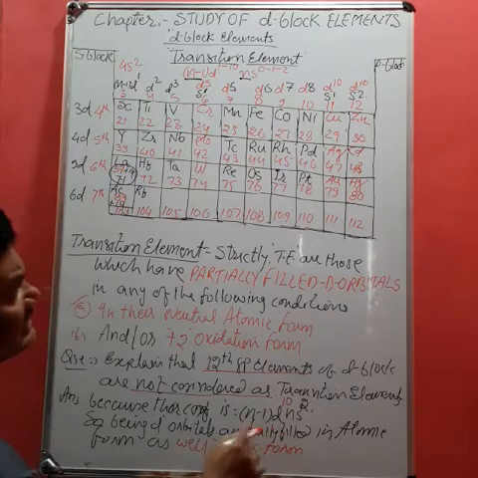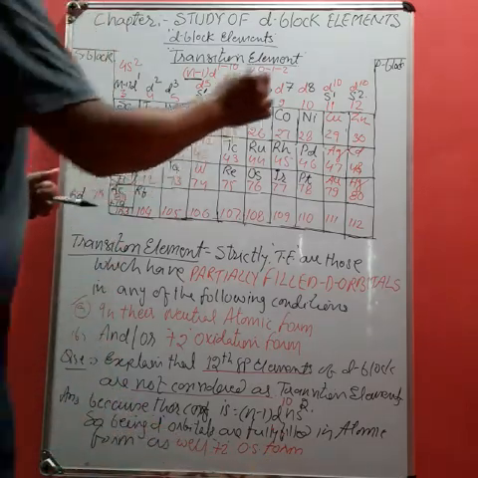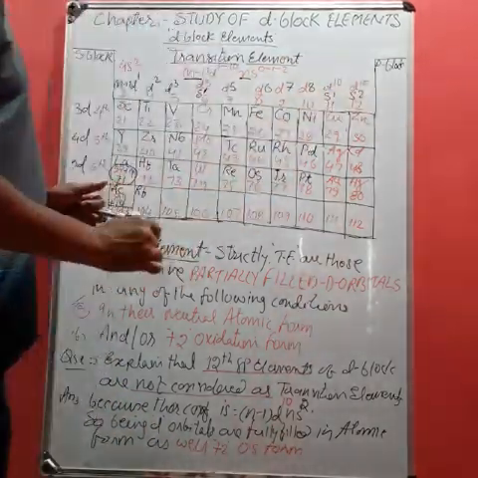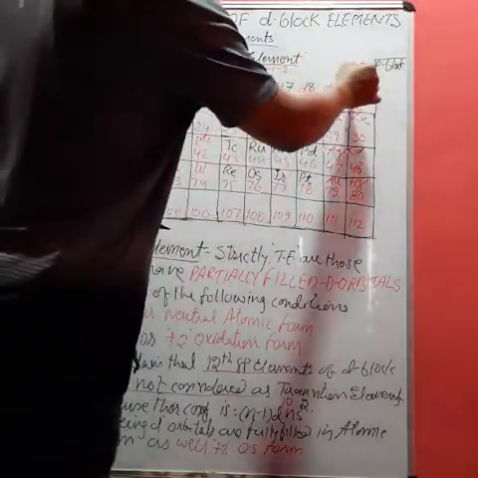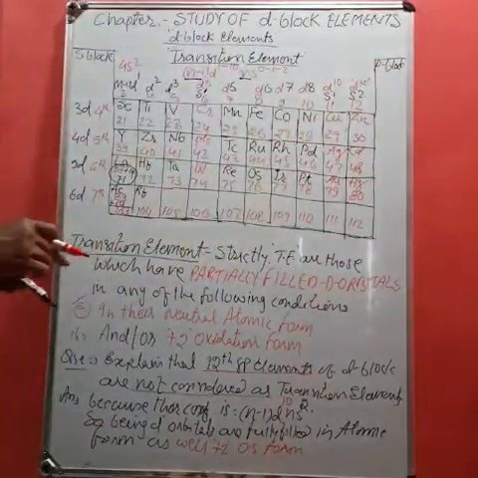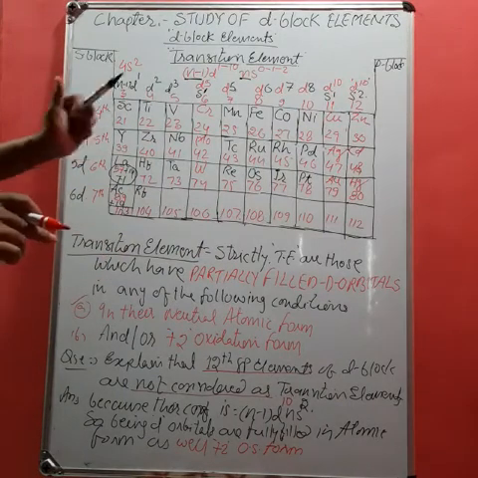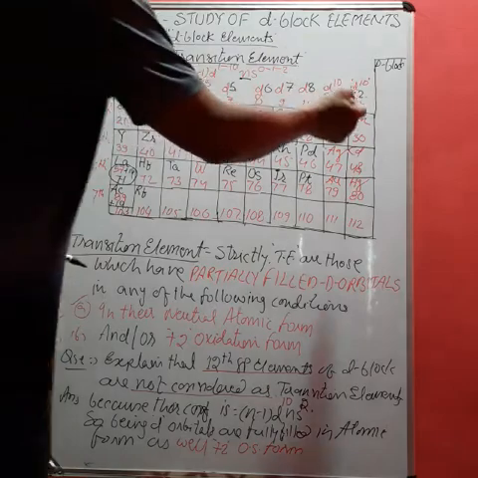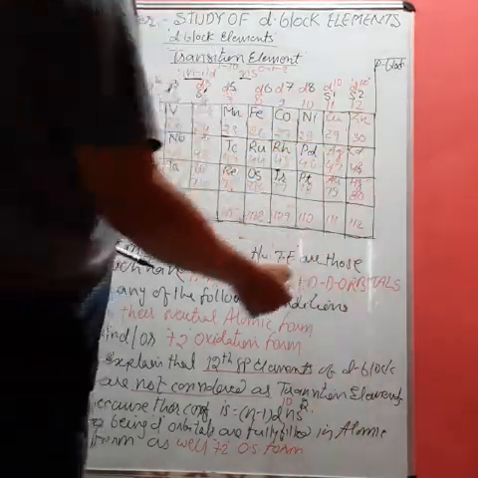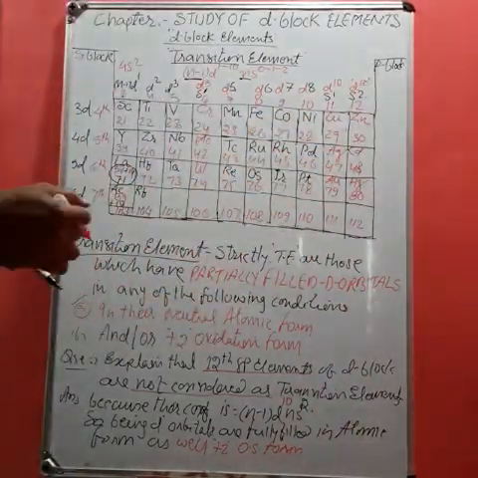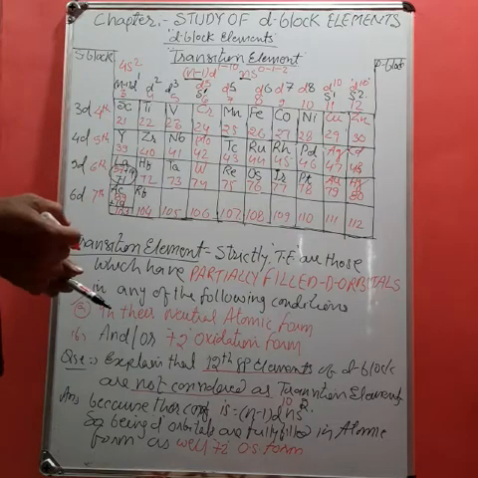Now, plus 2 oxidation state form means if we release 2 electrons, the configuration remains d10. And since the configuration has a fully filled d orbital, therefore these elements, zinc, cadmium and mercury, are not considered as transition elements.